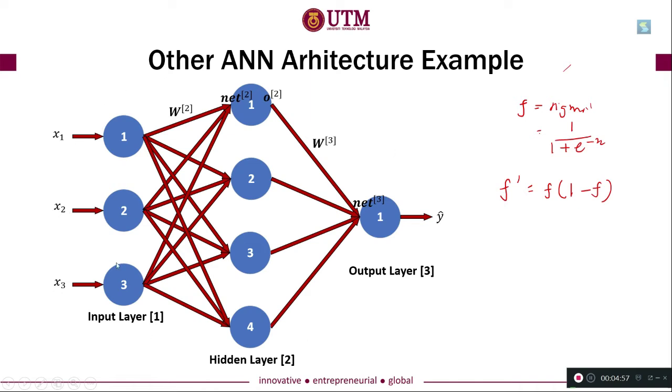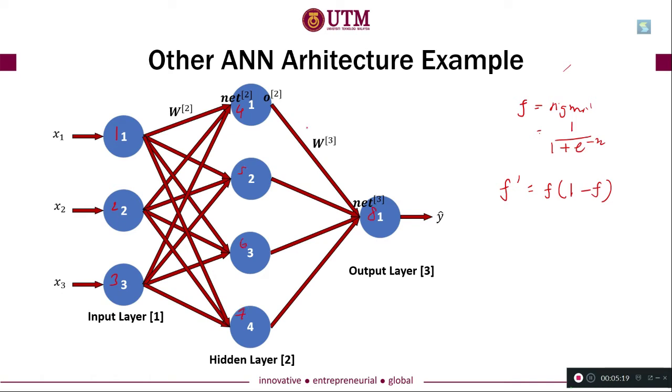Of course, you must start the derivation. This is the general labeling there. At the beginning you need to label this one as neuron number 1, this is neuron number 2, this is neuron number 3, this is number 4, number 5, 6, 7, 8.